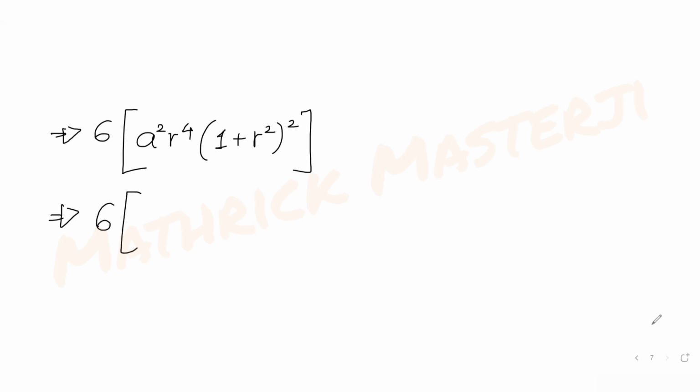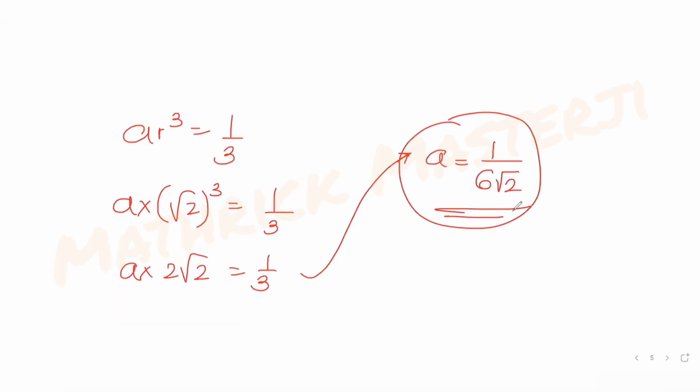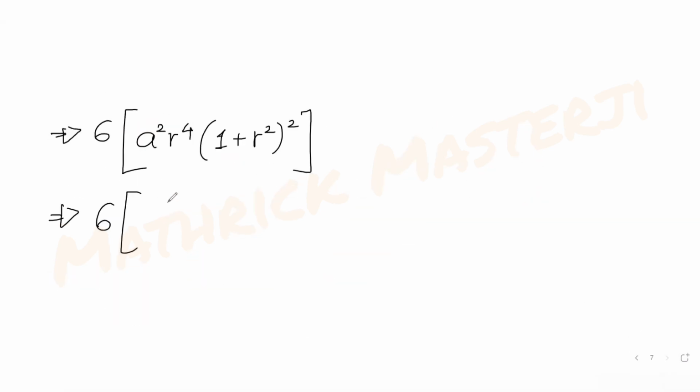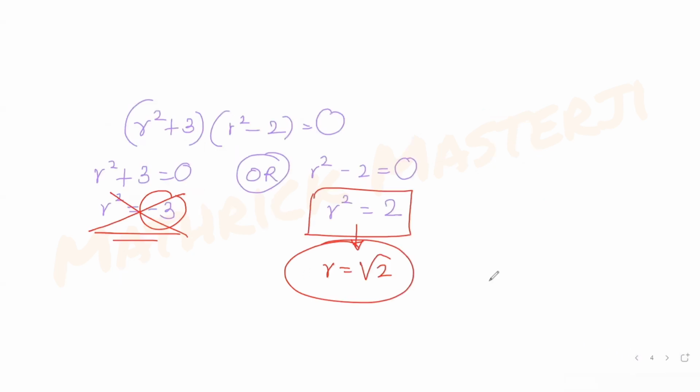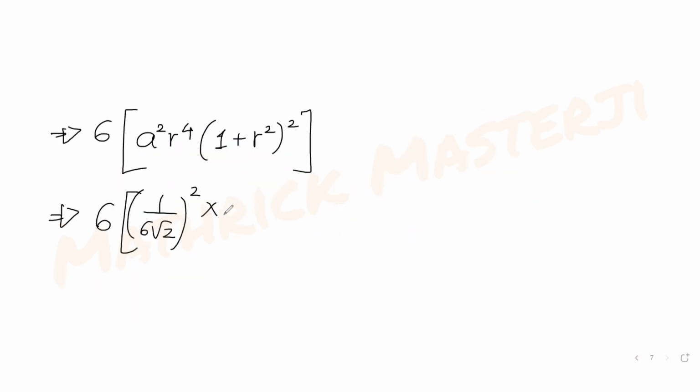We know a, we got that as 1 over 6 root 2, the whole square. R raised to 4, I know r is root 2, so r raised to 4 is root 2 raised to 4, into 1 plus r square. R square is root 2 square, the whole square.